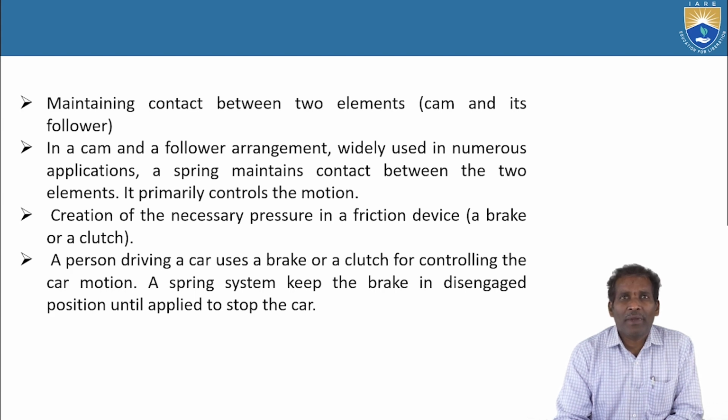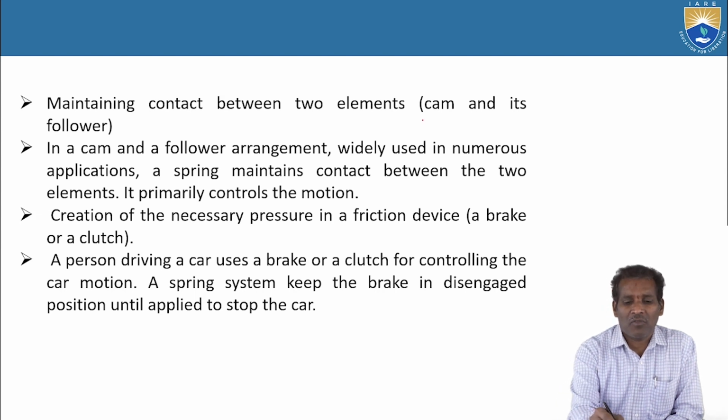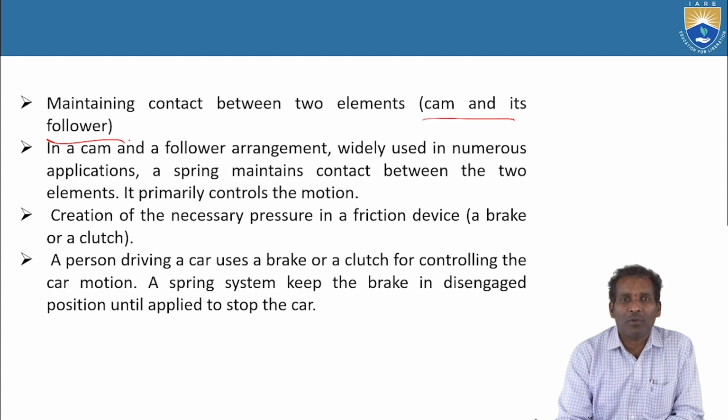The next one is maintaining contact between two elements, for example, a cam and its follower. In our four-stroke petrol engine, we can see this type of arrangement. With the help of the rocker arm spring, you can maintain contact between the cam and follower.